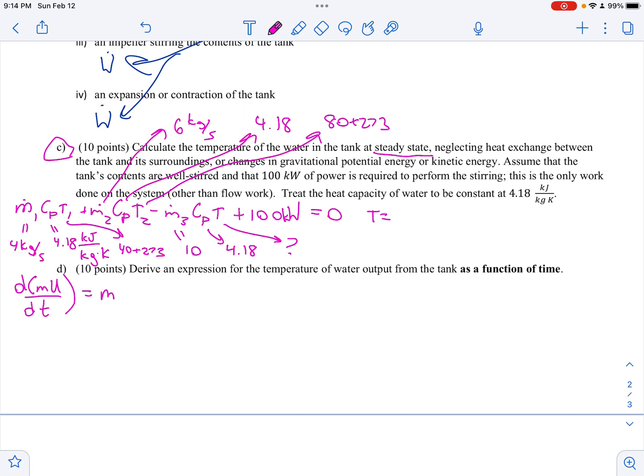So it would be m1 Cp T1 plus m2 Cp T2 minus m3 Cp T plus 100 kilowatts. And, oh, this looks funny.